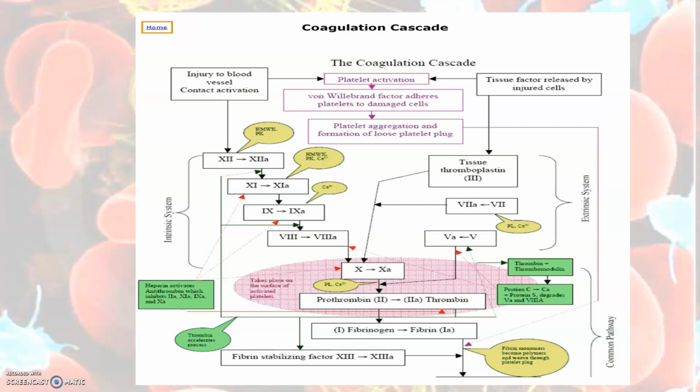They both merge in the common pathway to produce thrombin from prothrombin and fibrin from fibrinogen. The stabilization of fibrin clots occurs through the activation of factor 13 to factor 13A. What's missing from here, of course, is the thrombolytic pathway and the production of plasmin from plasminogen.